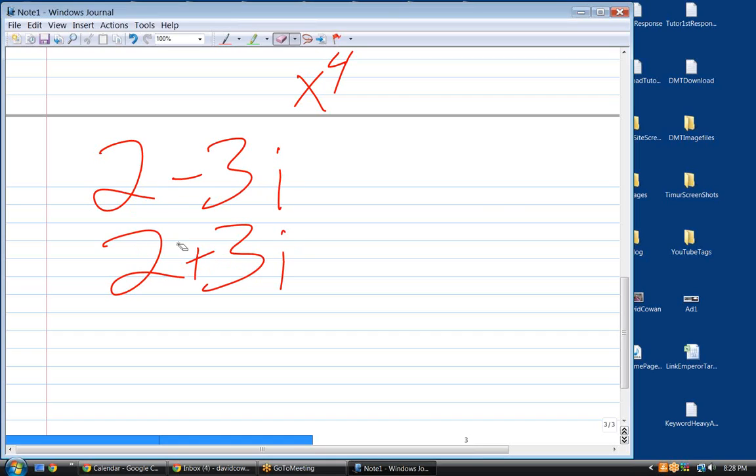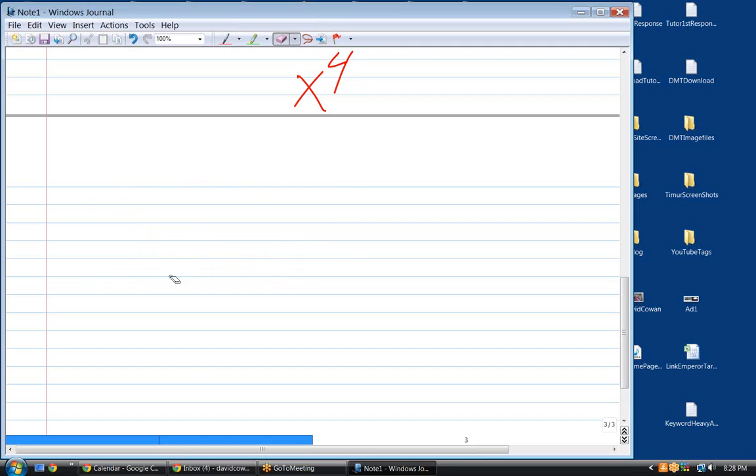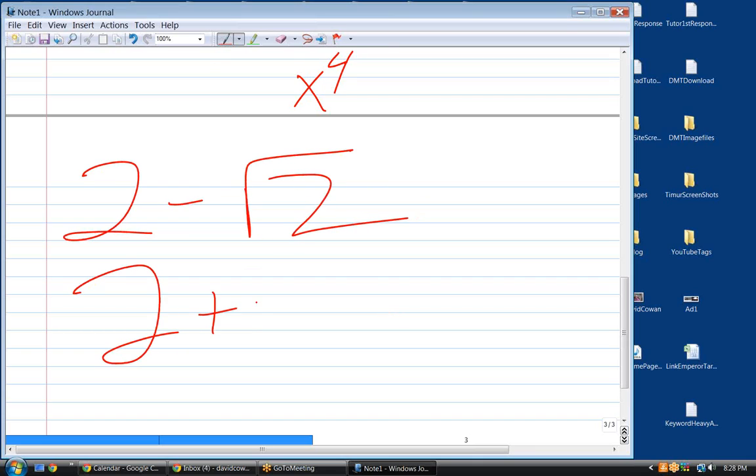Same exact way. Okay. The other thing that comes in pairs are irrational solutions. If I come up with a solution like that, then I know for sure that that is also a solution. These are irrational.